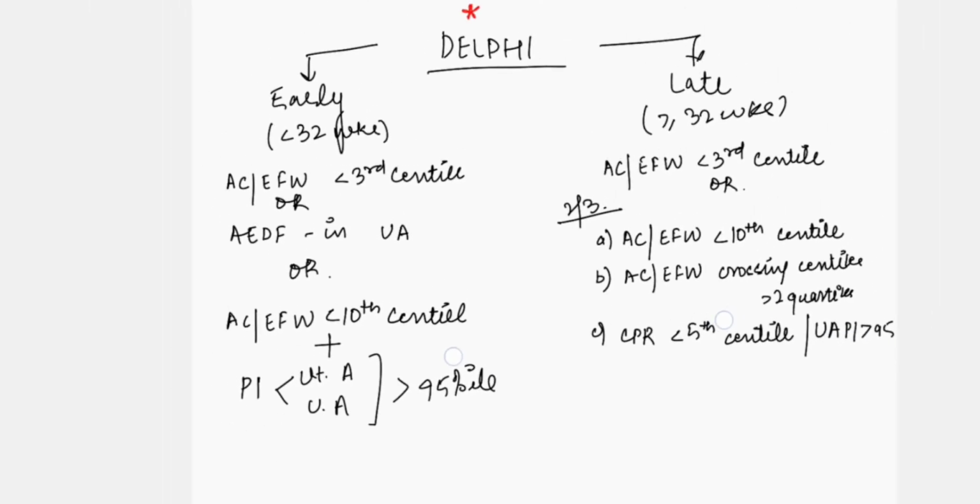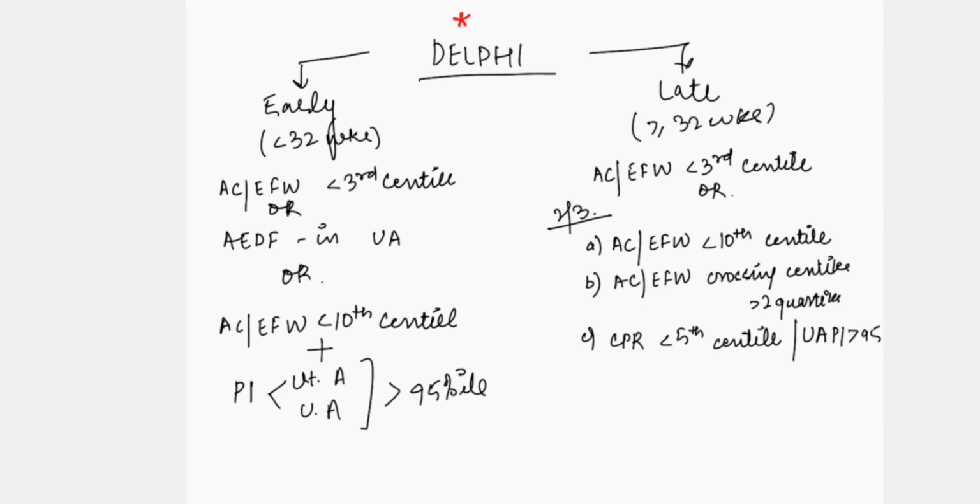So you have to remember this is the Delphi consensus criteria in which we are dividing the FGR into early and late. Now any time if the abdominal circumference or the expected fetal weight is less than third centile, we call it FGR.